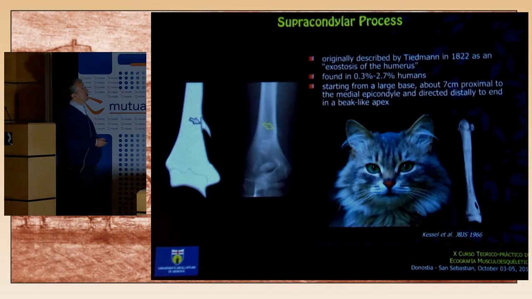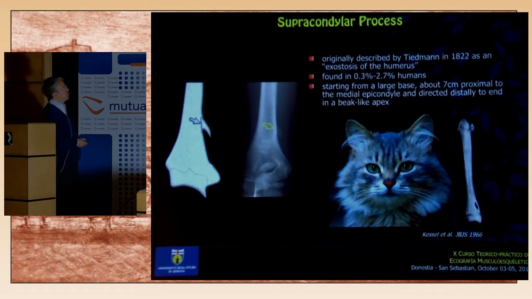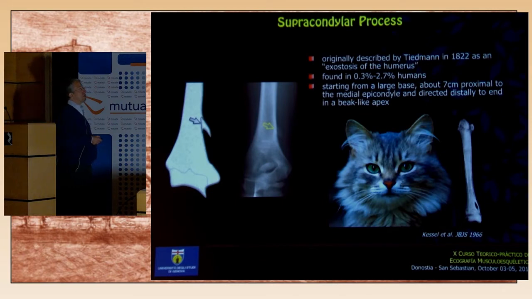Regarding sites of compression in the arm, we remember the supracondylar process. That is a beak-shaped process located more or less here on the medial aspect of the humerus, about 7 centimeters proximal to the medial epicondyle. And this process is a genetic re-expression of something that is already present in some animals, especially lemurs or cats.